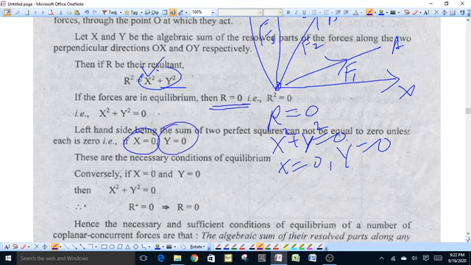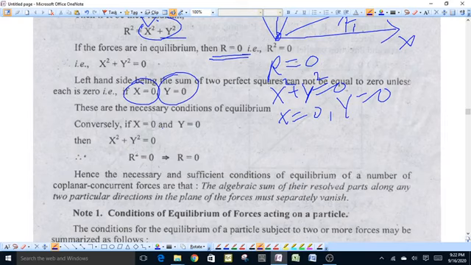This is the necessary condition for the equilibrium of any number of forces which are acting at a point, which are coplanar and concurrent. If X is equal to 0 and Y is equal to 0, this means X squared plus Y squared will be equal to 0, meaning R will be equal to 0.